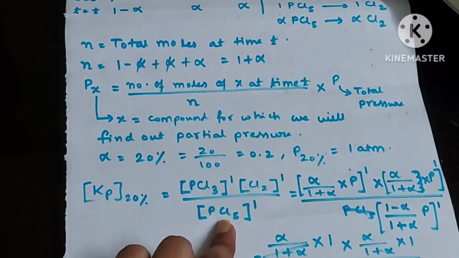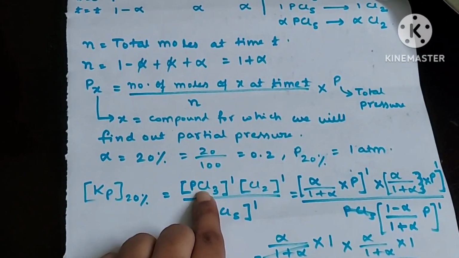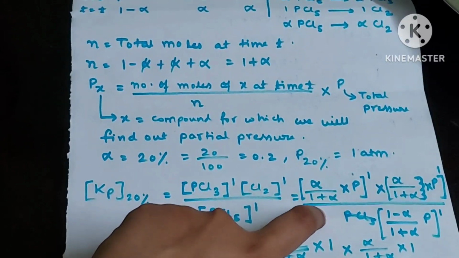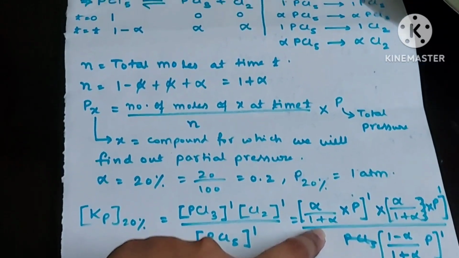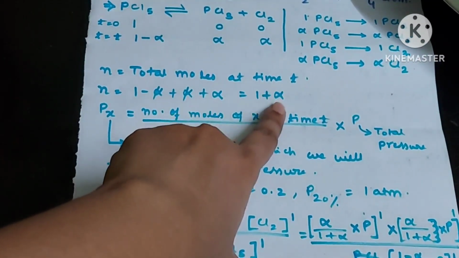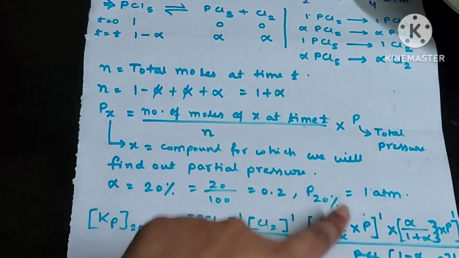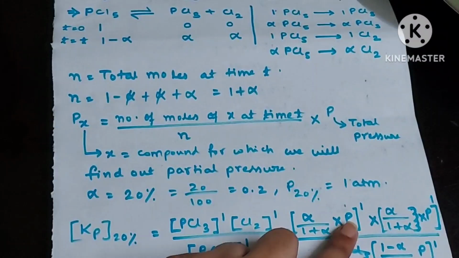Then here we have to put the partial pressure formula. What is the partial pressure of PCl3? Number of moles of PCl3 at time t by total moles. Total moles was 1 plus alpha, we have found it earlier, and then total pressure.